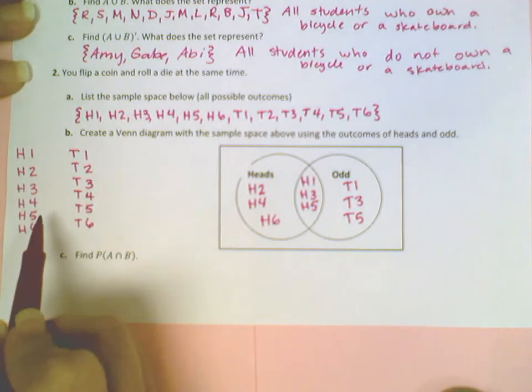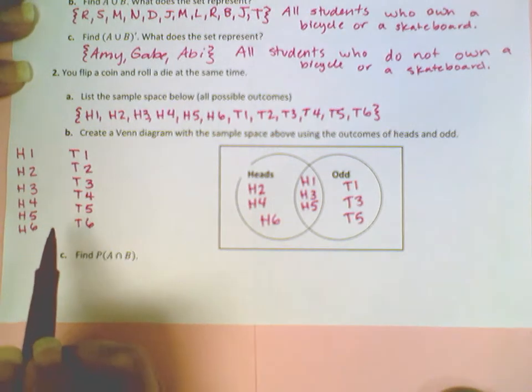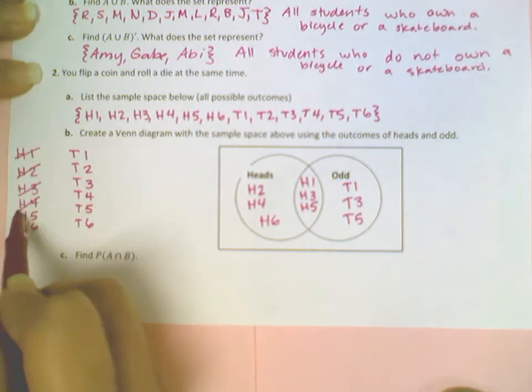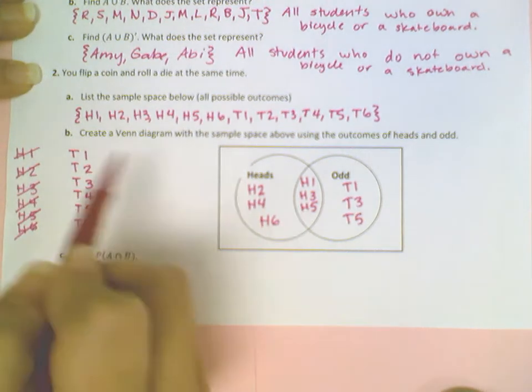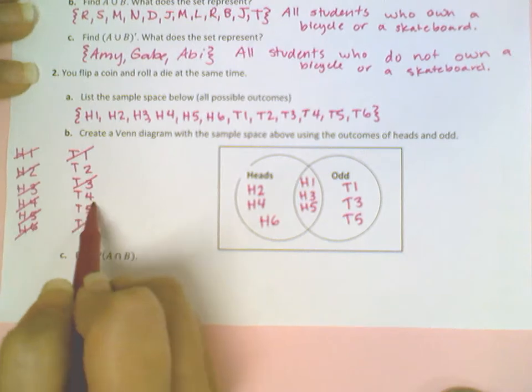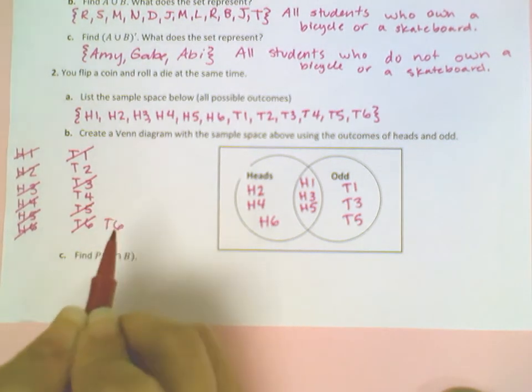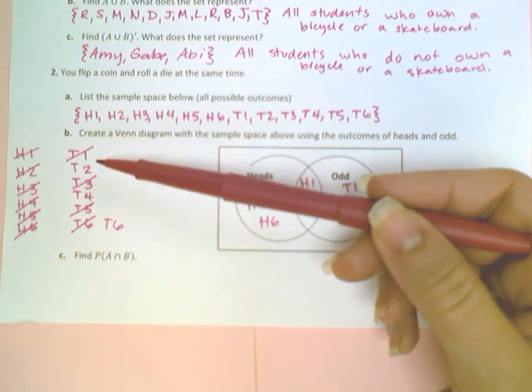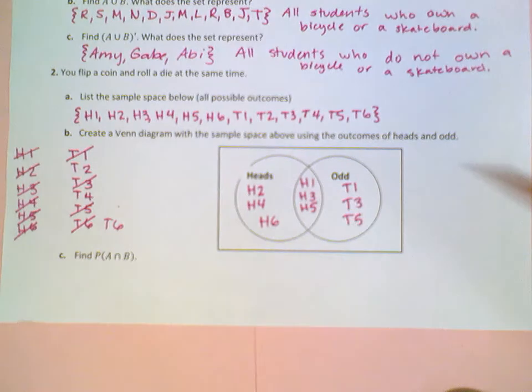Now if we look over here and we're not sure what to do next, we can mark off what we've already used. We've used all of our heads and we've used the odd tails. So now I have tails 2, tails 4, and tails 6 left.